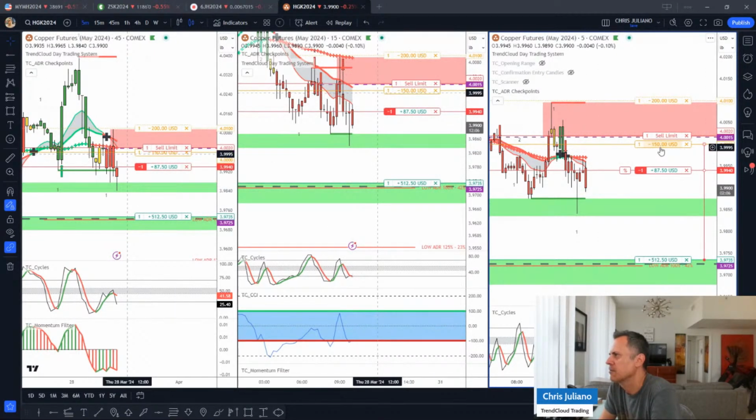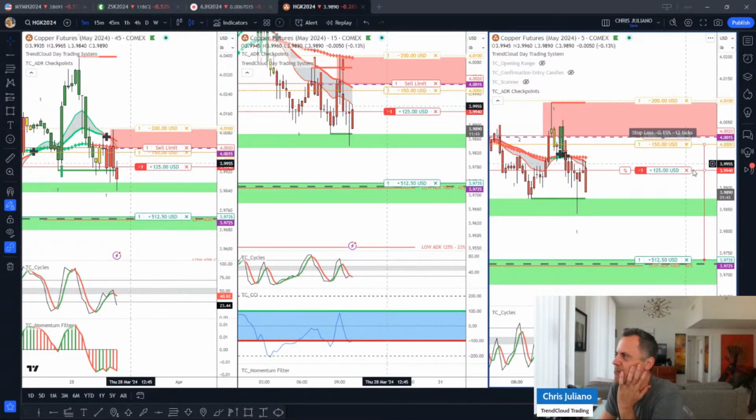But I think the proper thing to do is once we hit 1-to-1, then get risk-free. We really want to break some structure before we get risk-free. Things happen very quickly on these shorter time frames.